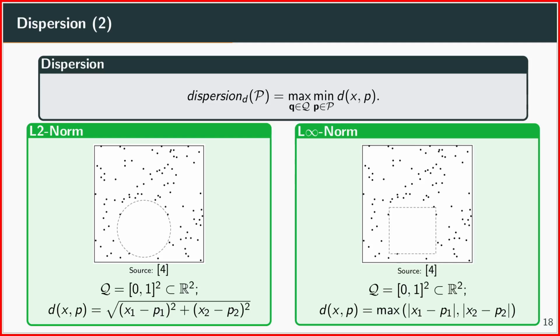You can, of course, use this measure to make an informative, quantitative statement about how well you have covered your space, and also about how well your sampling sequence works for a particular configuration space with a particular metric.